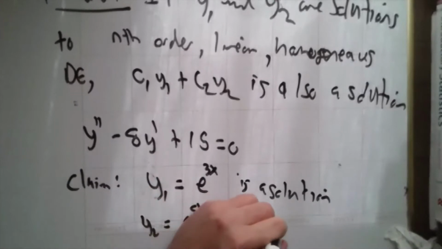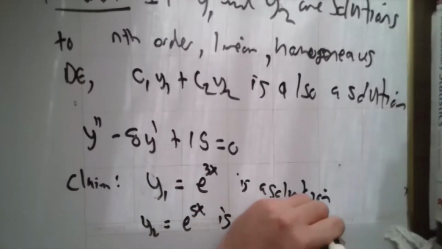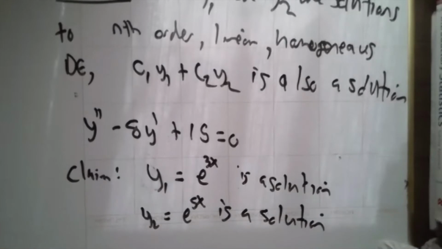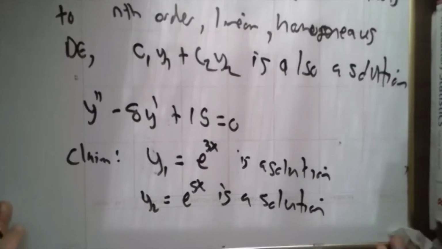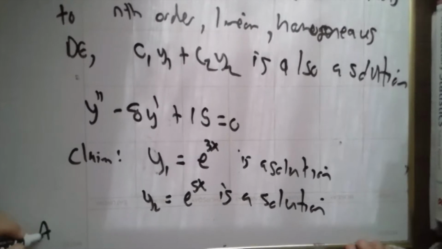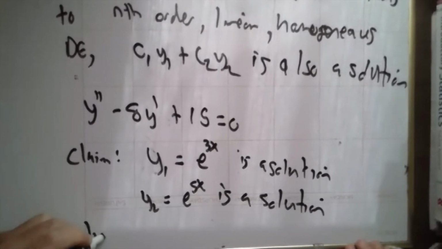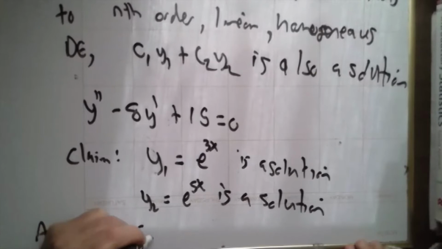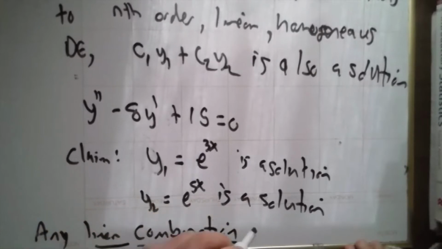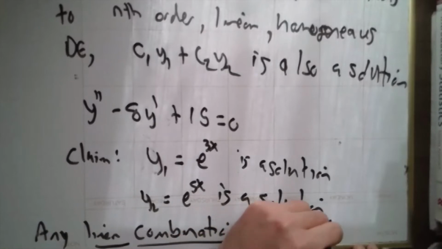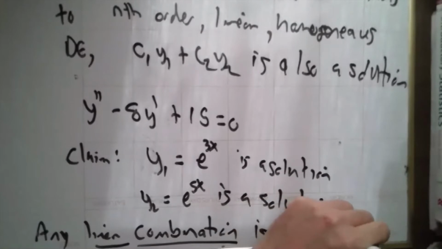You could check these. Pretty easy to check. Both of those are solutions to this DE. Then any linear combination of them is also a solution. I'm going to write that. Any linear combination. Remember, in general, DEs have an infinite number of solutions.